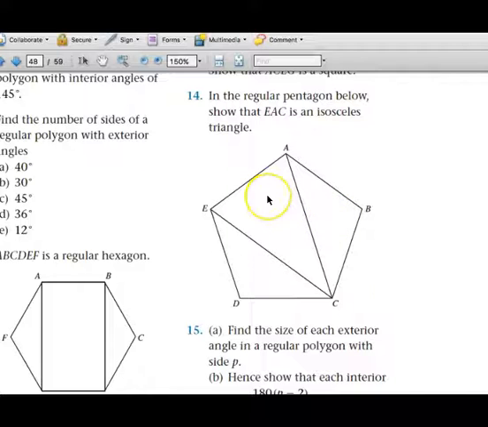So you need to say regular pentagon, therefore all the sides are equal, and therefore angle ABC equals angle EDC. So you can say that they're congruent, and these are just corresponding sides of congruent triangles. But then you need to say, therefore, ACE is isosceles because it's got two equal sides. You need to make that statement as well.